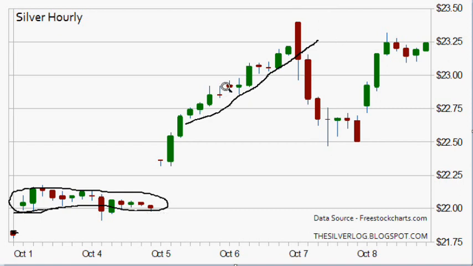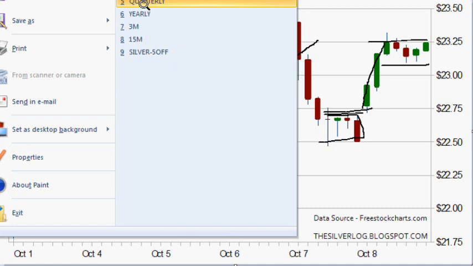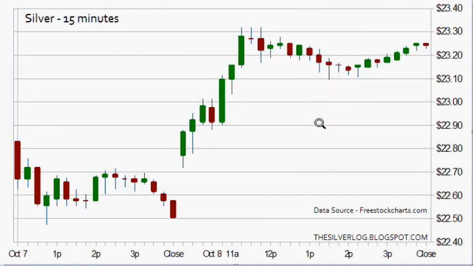And you break this trend line, you find the consolidation, it gets over this key resistance level, has a stage 2 uptrend, and then ended the day in a nice consolidation pattern. We're not done yet. We're going to go down to the 15-minute time frame.